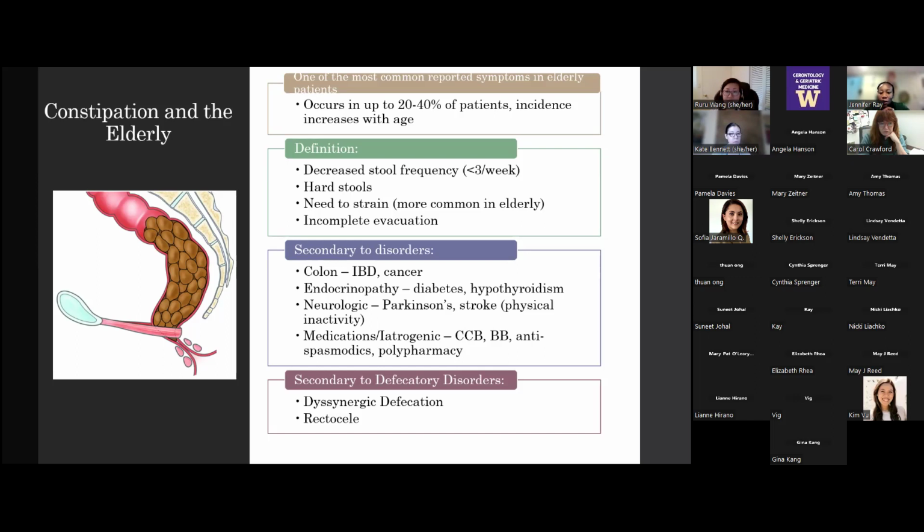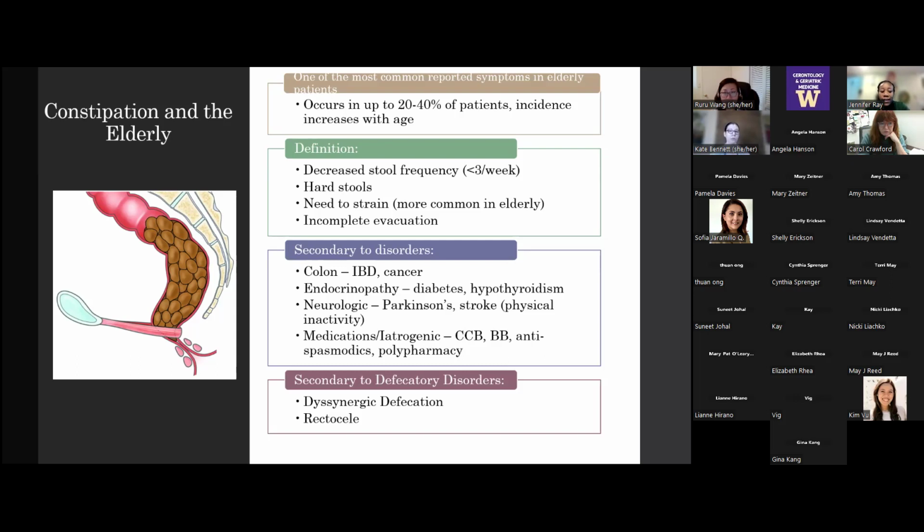And if they're having hard Bristol 1 stools, which are pellets, or lots of lumps and cracks, that's more suggestive of chronic constipation. The need to strain, which is more common in the elderly population, and just feeling a sense of incomplete evacuation. They go to the bathroom, they have a bowel movement, they feel like they didn't quite get everything out.